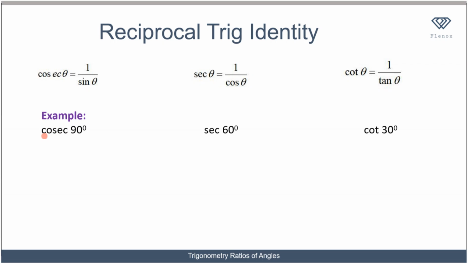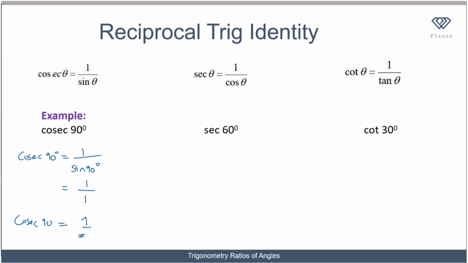First, we are told to find the value of cosec 90 degrees. So I know that cosec 90 degrees is the same thing as 1 over sine 90 degrees. Now, if we check the table of special angles, sine 90 degrees is 1. So that's the same as saying 1 over 1. So cosec 90 is equal to 1.